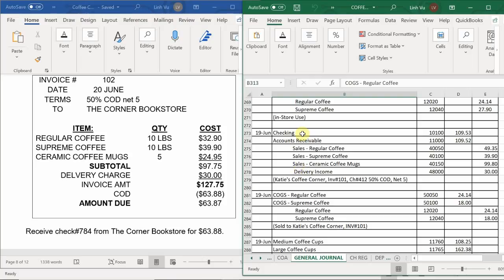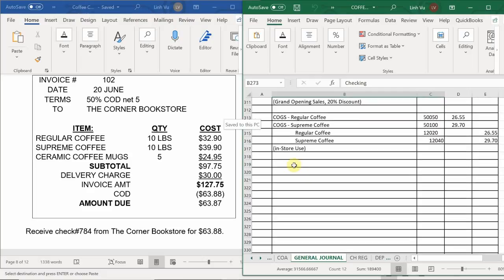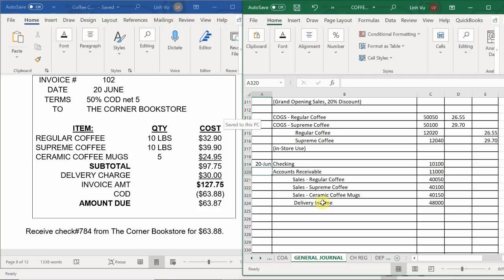What else? And then the list of the sales for the regular coffee, sales for the supreme coffee, and sales for the ceramic mugs. Okay, good. So let me copy this exact transaction right here because it's the exact same one. So copy and paste.